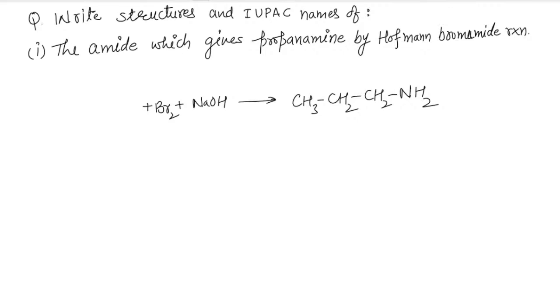Name the amide, by Hofmann bromide reaction. Obviously CO is removed. So CH3CH2CH2 will remain as such, NH2 remains as such, and in between them there is a CO group that is removed.